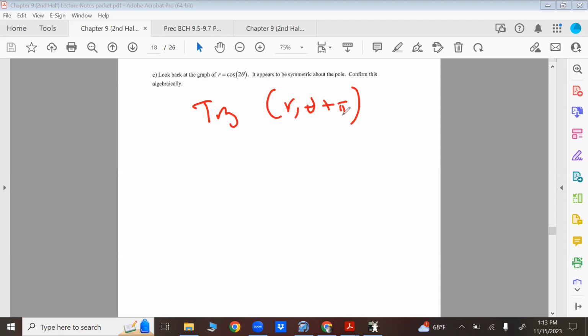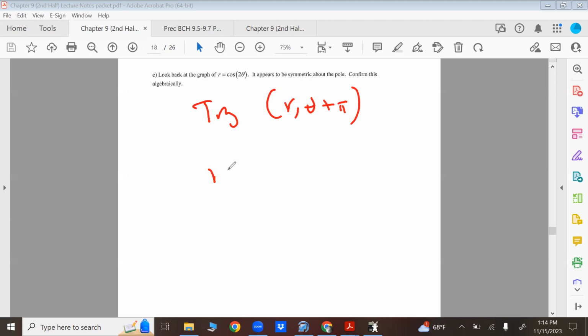That wasn't true for 5 theta. You can't say it's always symmetric about the pole, because you want to be able to rotate 180 and get back. But for cos 2 theta, we can.